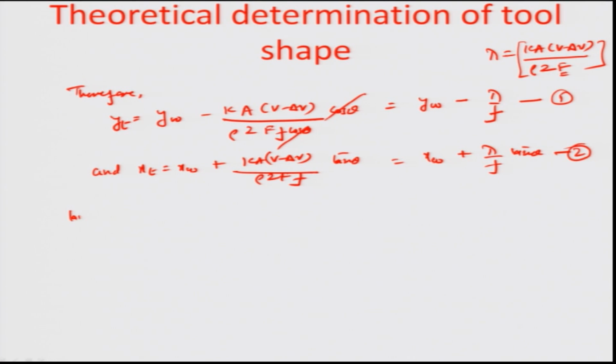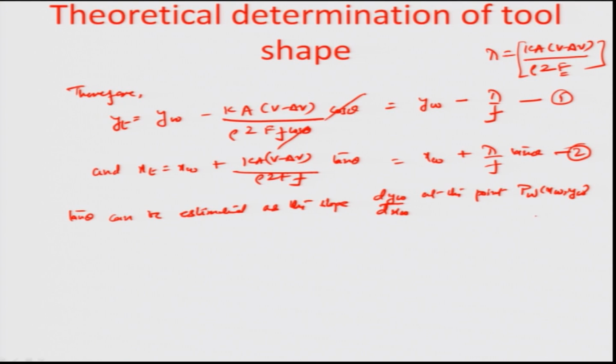So, tan of theta further can be estimated as the slope dyw by dxw at the point Pw (xw, yw).